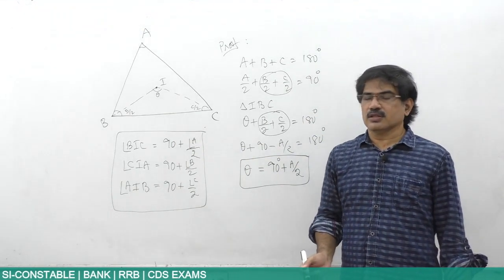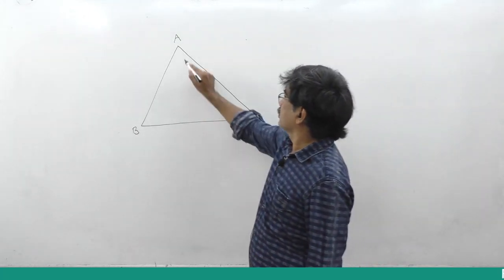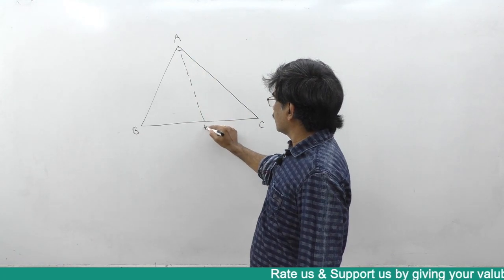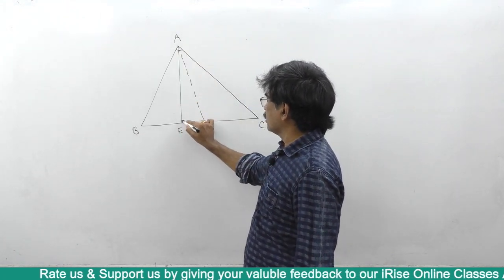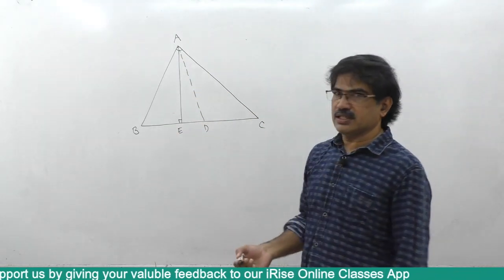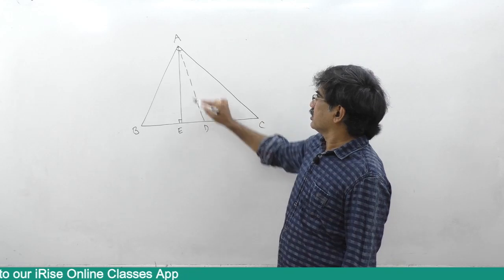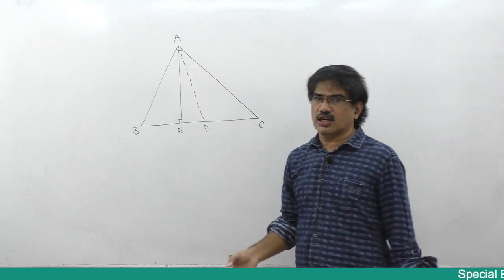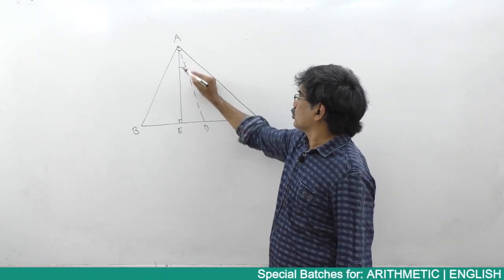Okay. Next, in triangle ABC, AD is the angular bisector, AE is the altitude drawn to the base BC. Then what is the angle between these two?